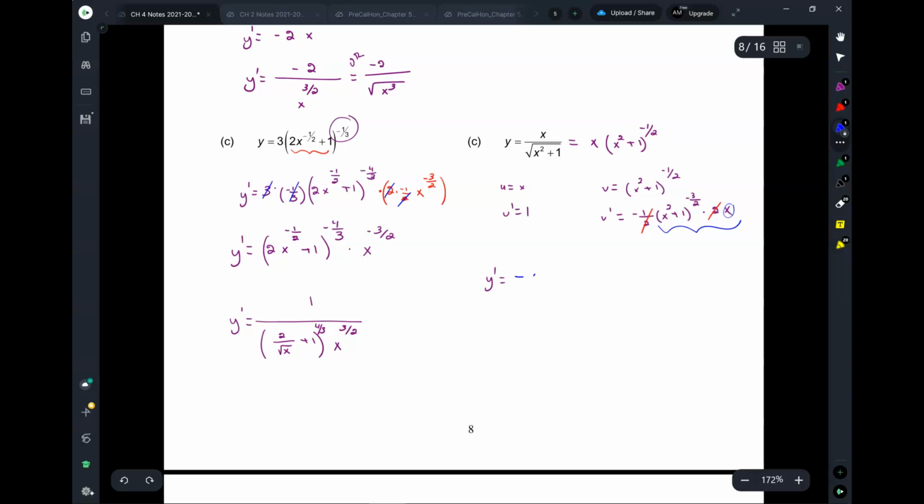So it's going to be negative x squared plus 1 to the negative 3 over 2, because u is x, and then there is also an x in the v prime. Okay, plus this way I get x squared plus 1 to the negative 1/2.